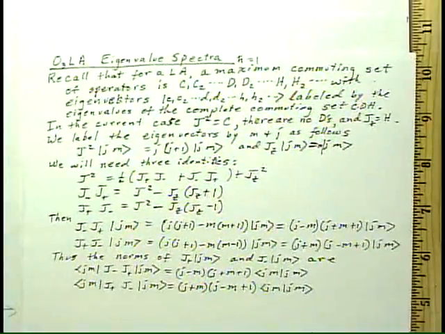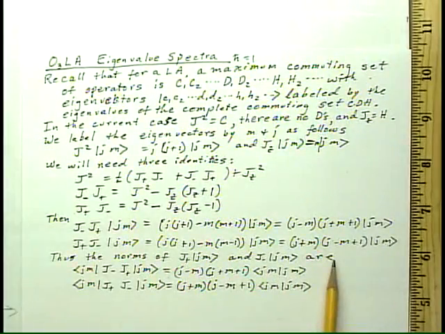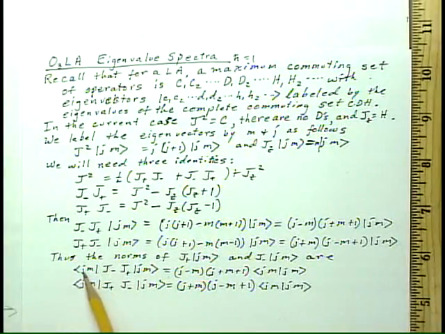It follows that the norms of these vectors, J plus and J minus, are as follows. By taking the J minus J plus and sandwiching it between two |jm⟩ vectors, we can look at the norm of this vector J plus times |jm⟩ times its dagger, which would be the J minus acting backwards on the |jm⟩ here.